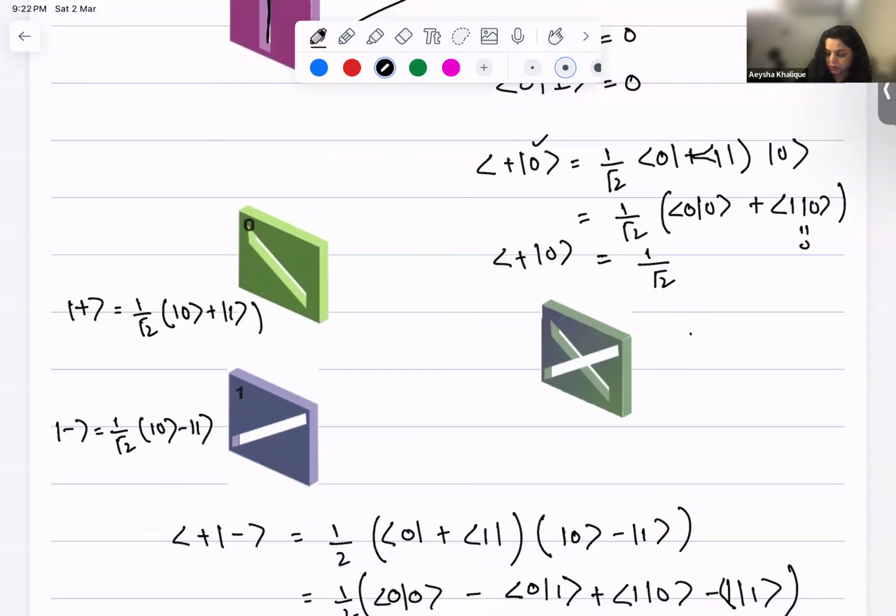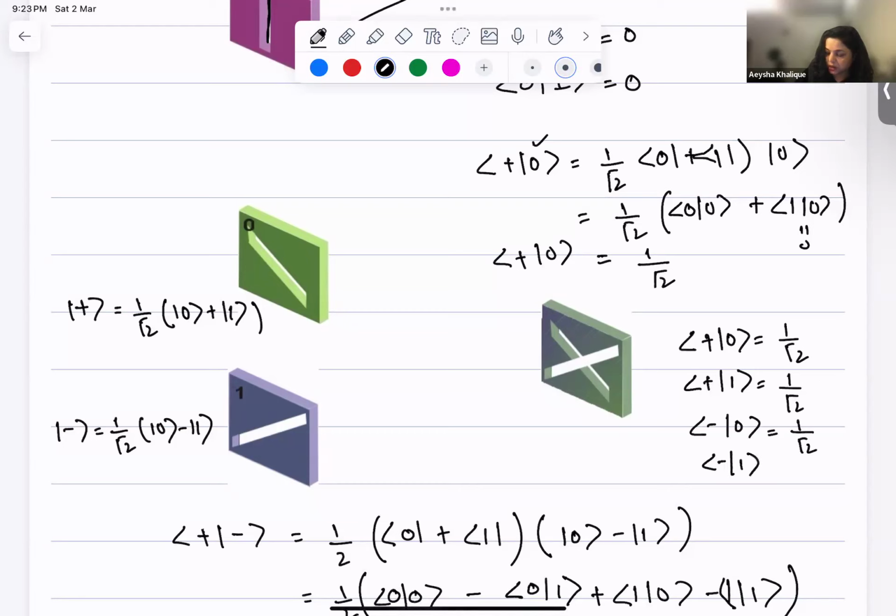So if I just write it over here, my plus 0 would be equal to 1 over root 2, plus when I take an inner product with 1, I will get again 1 over root 2. And if I take an inner product of minus with 0, I will get 1 over root 2. And if I take an inner product of minus with 1, I will get minus 1 over root 2.